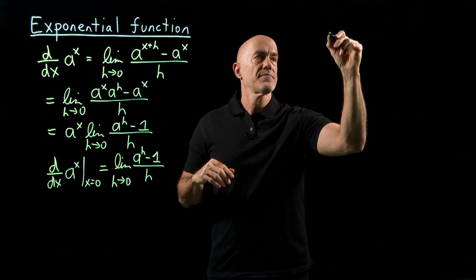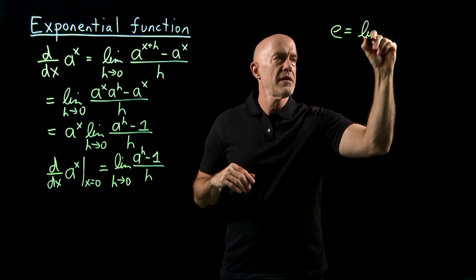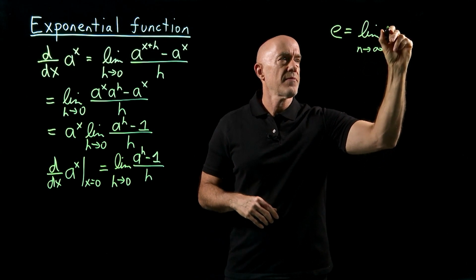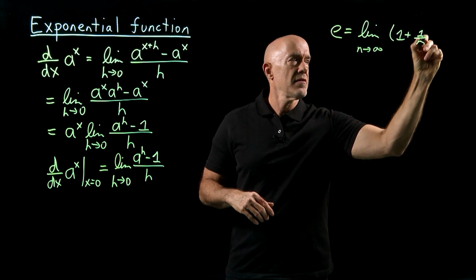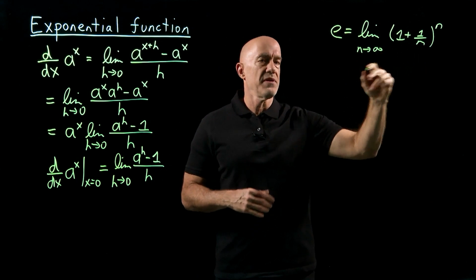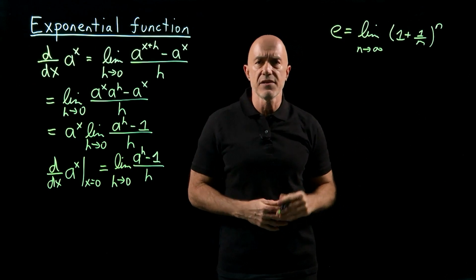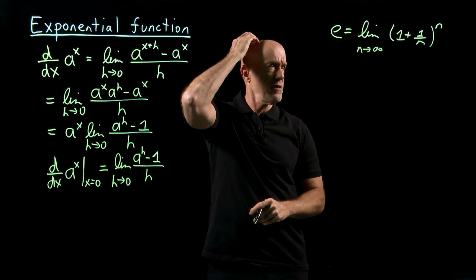Remember, our definition of e was the limit as n goes to infinity of 1 plus 1 over n raised to the nth power, right? That came out to be something like 2.7, a transcendental number, so never-ending digits, not repeating.